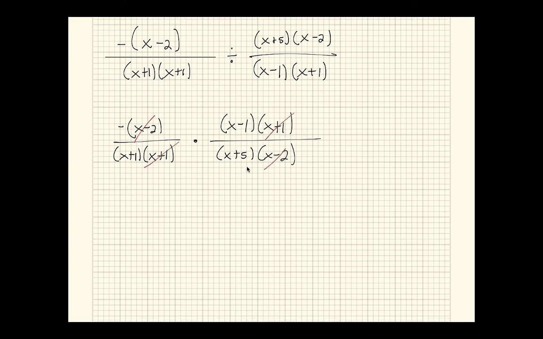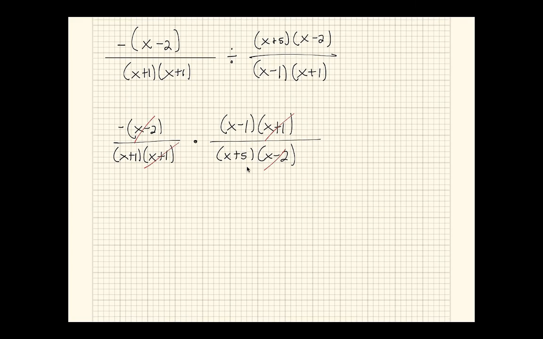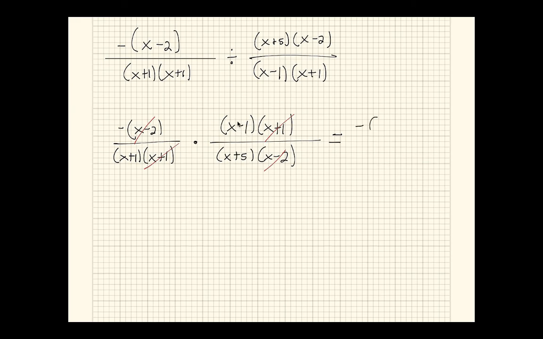So we can write this as the following. Okay, this negative can kind of just stay in front of my factors that are left up top. Okay, so we have negative of (x minus 1) over (x plus 1) times (x plus 5). All right.